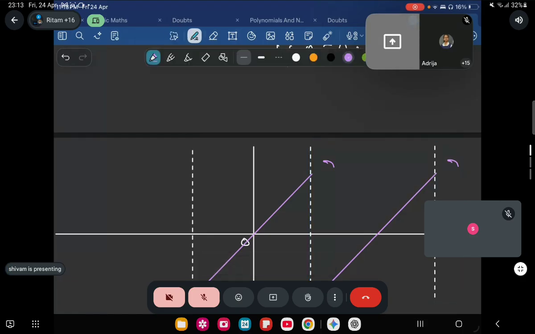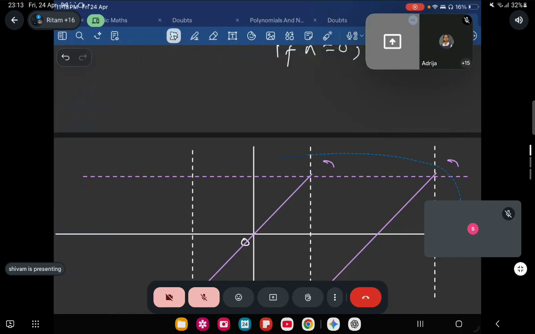Next. Okay, I've drawn a bigger graph, let's draw a smaller one.